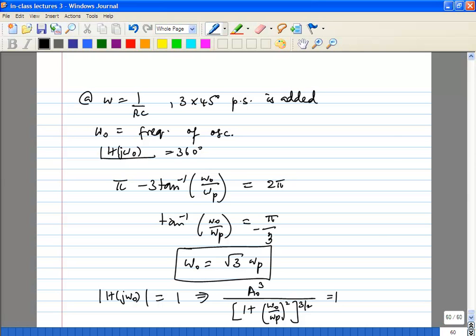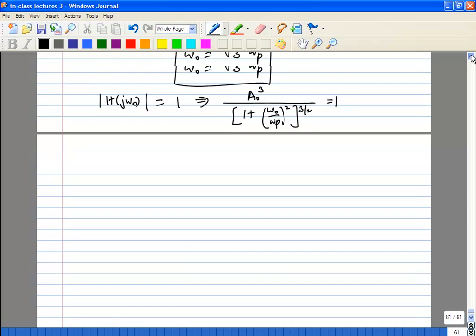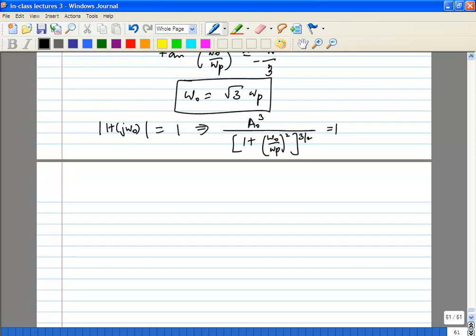And let's put in the condition omega naught is root 3 times omega p. So you get, this is your condition for oscillation, from the Barkhausen criterion.